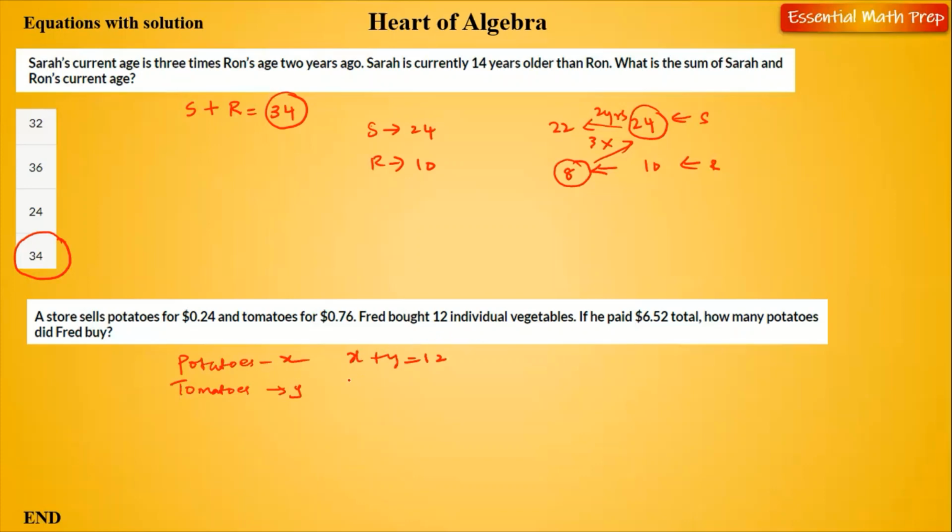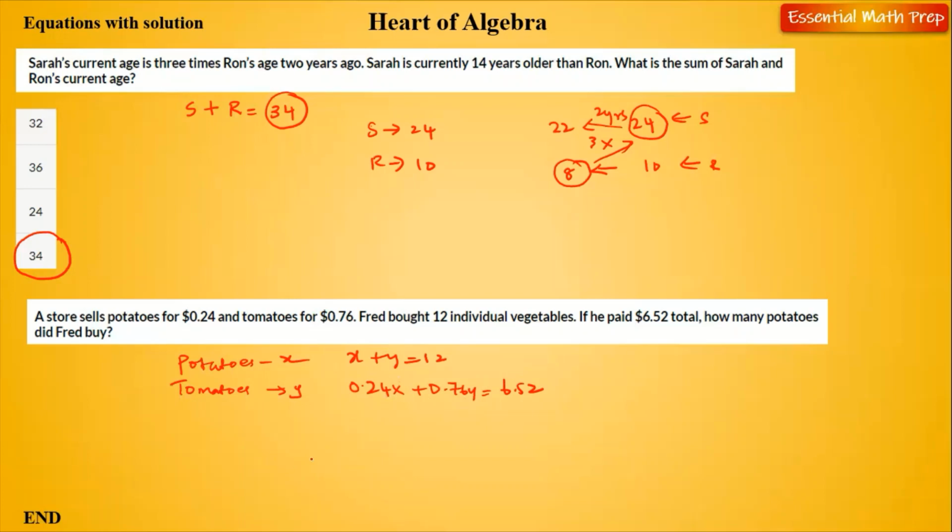Similarly, X represents potatoes, which cost about 24 cents. So 0.24X plus 0.76Y equals 6.52, right? Let's actually multiply by 100 here so we can get rid of the fraction.